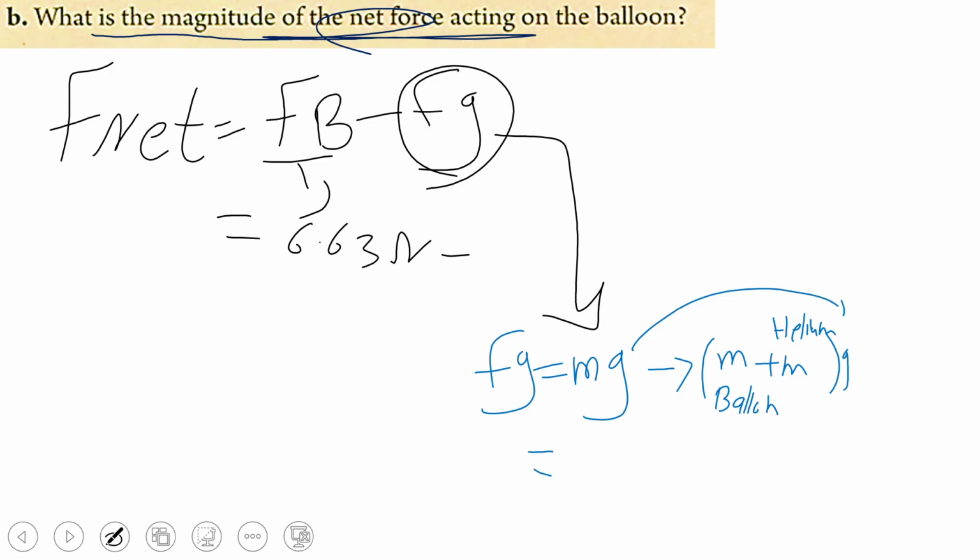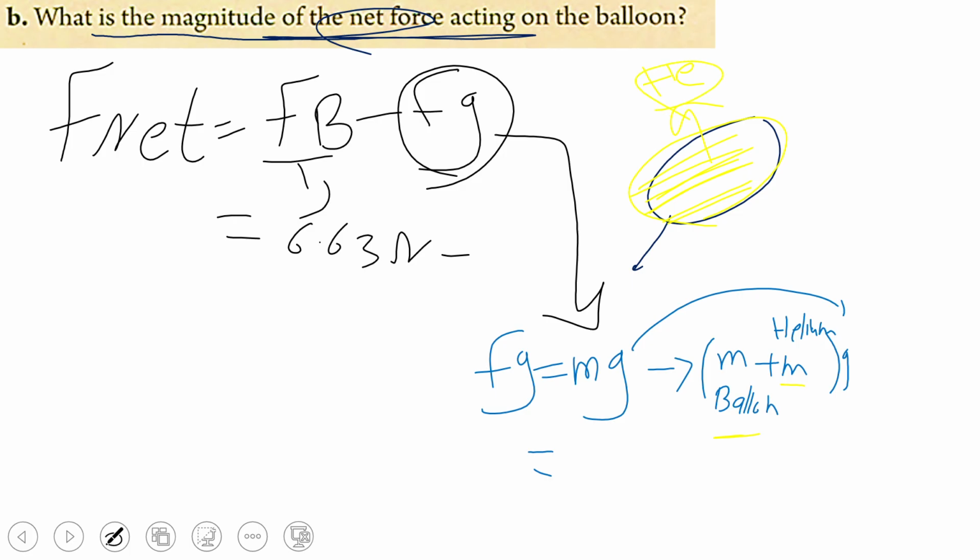Why, Mr., two masses? Guys, have a look. Because, as we know, the inside of the balloon is filled totally by helium gas, right? So the helium gas has a mass, and the balloon too has a mass, so there are two different masses, the mass of the balloon and the mass of the helium.